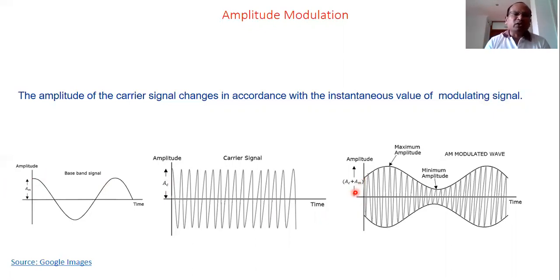So the maximum value we will obtain in the modulated wave is AC plus AM. This diagram depicts very nicely how amplitude modulation works.